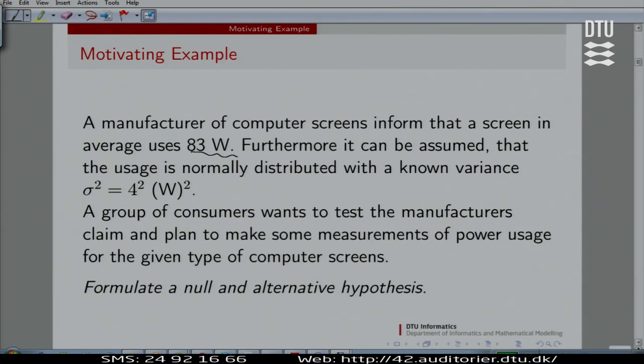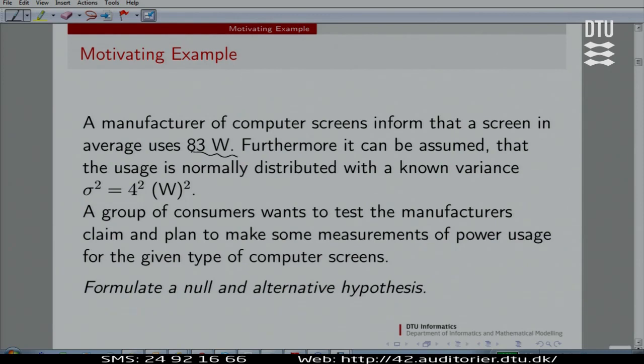Now, sometimes people may challenge your specifications. It could also be, if you're a Novo Nordisk or Lundbeck and you produce tablets, you specify the amount of active substance in each tablet. That's quite important, that the specification on the tablets live up to what they say they are.